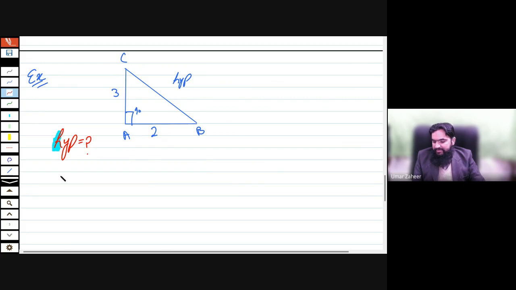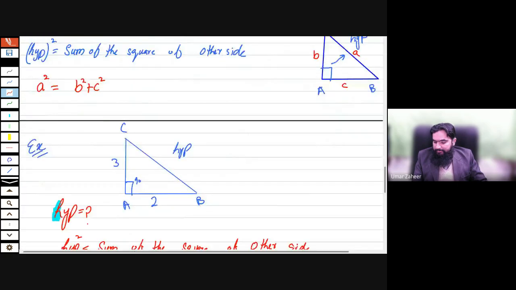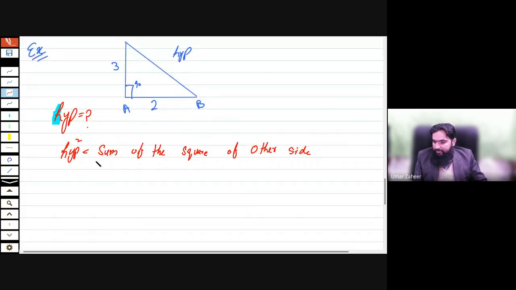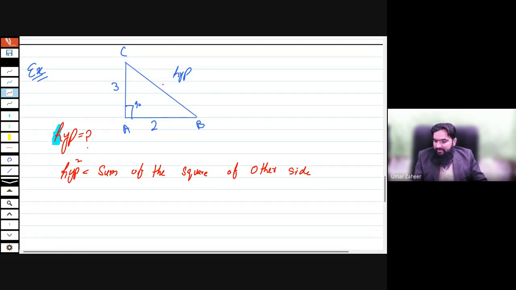The statement is the hypotenuse square is equal to the sum of the squares of the other sides. Let's name the hypotenuse x. So x square is equal to 3 square plus 2 square.